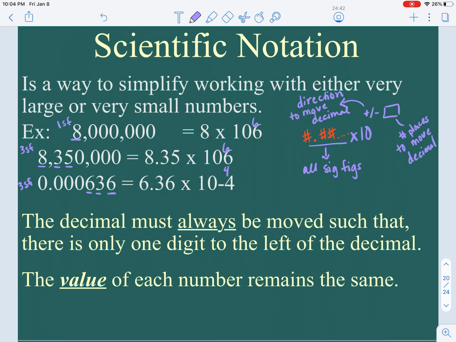If in standard notation the value is a very small number, aka a decimal, then it's going to be a negative value. So looking at the examples we have here on the screen, we have a positive 6 for the first two examples. We have a negative 4 as our exponent for the last example.